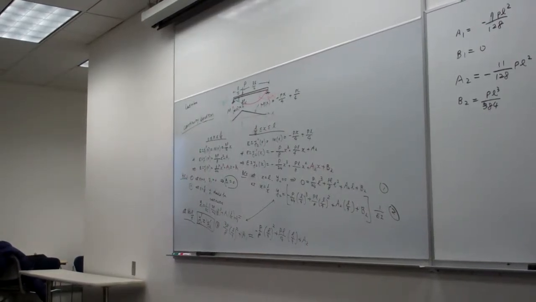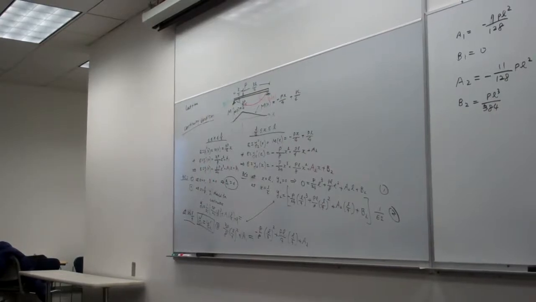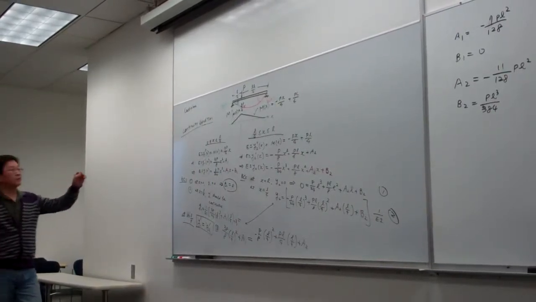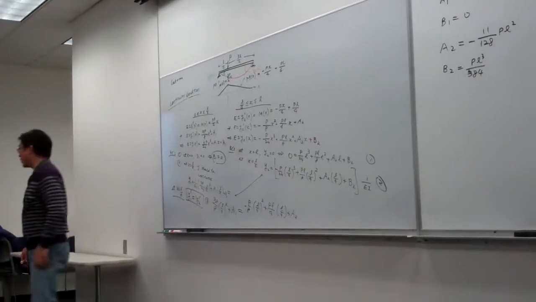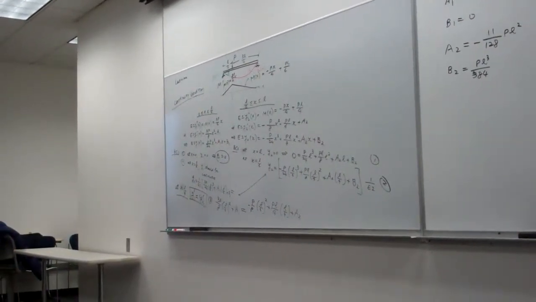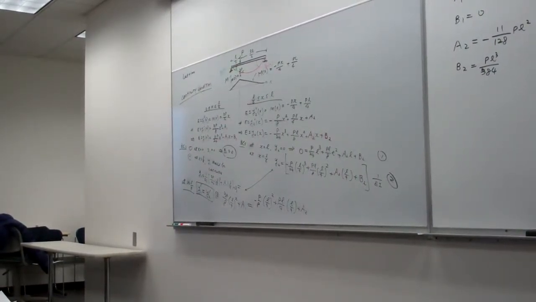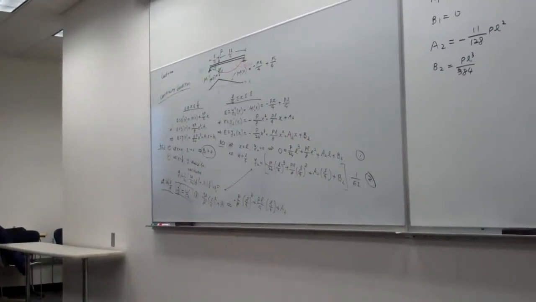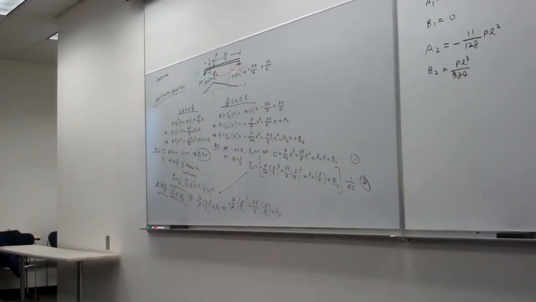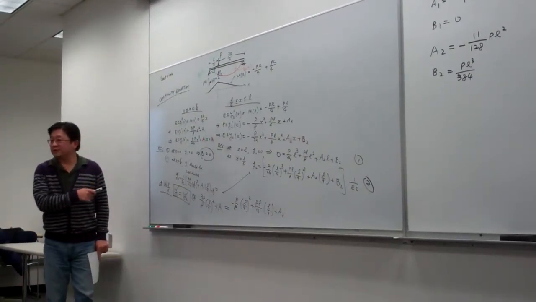And I believe this is one of the typical problems, but we can try. The key step is we have to find the M first, and then proceed with all the calculations. Any questions on this?